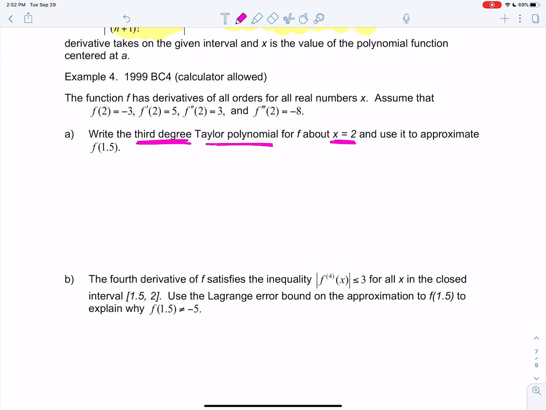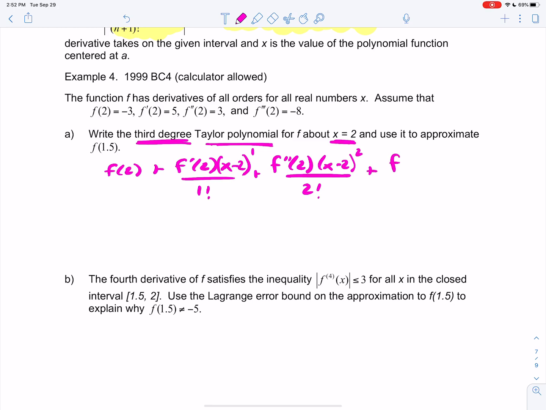So this is going to be f of 2 plus the first derivative with the first degree with the first factorial plus the second derivative, second degree, second factorial, third derivative, third degree, third factorial. This is the long way.